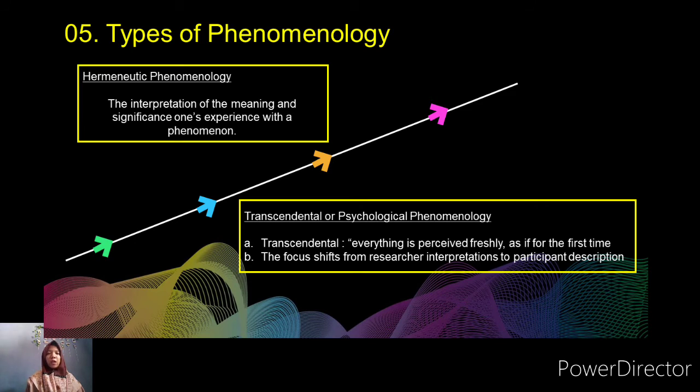And the second type is transcendental or psychological phenomenology. It has two parts. Part 1, transcendental: everything is perceived freshly, as if for the first time. And the second part is the focus shifts from researcher interpretations to participant description.